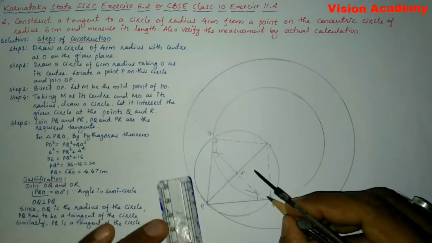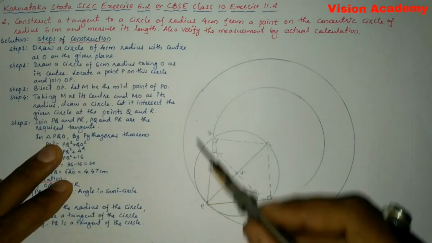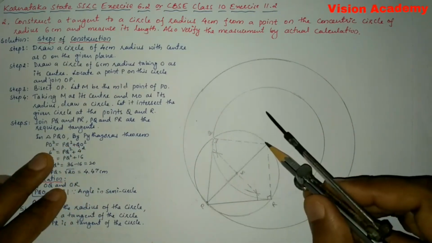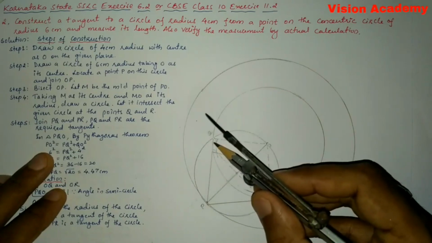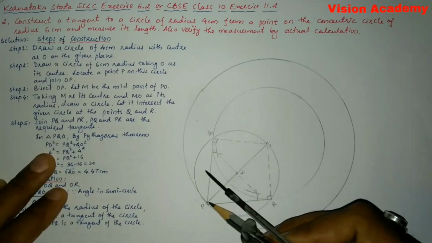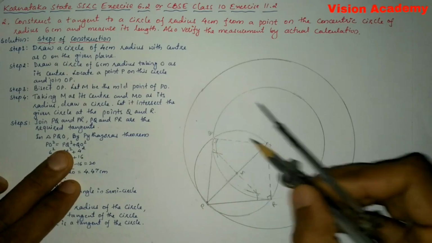This forms 90 degree. So here in triangle PQO, by Pythagoras theorem we can write hypotenuse square is equal to sum of the other two sides of the triangle. So here that is PO square is equal to PQ square plus OQ square.